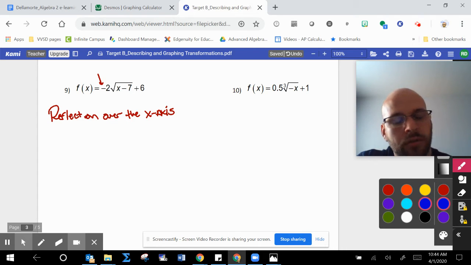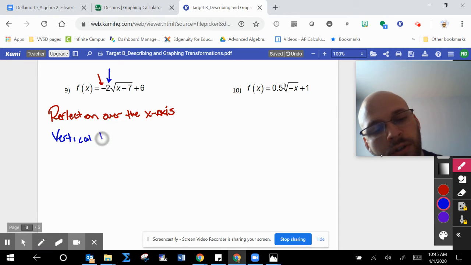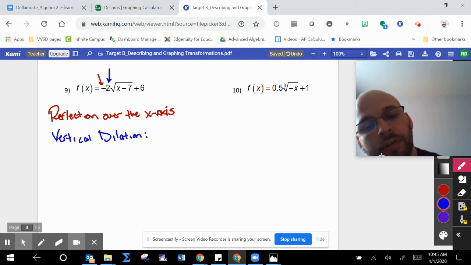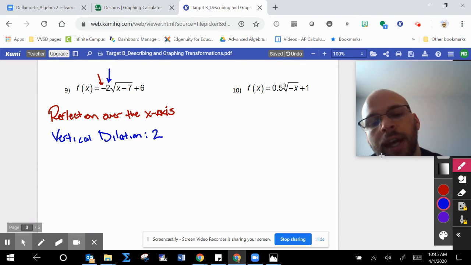All right, so the 2 is a multiplier, and it's on the outside, so it's going to be a vertical dilation factor of 2. I don't include the negative, it's just a value. The negative was the reflection, remember. And because that is bigger than 1, I know it's a stretch.